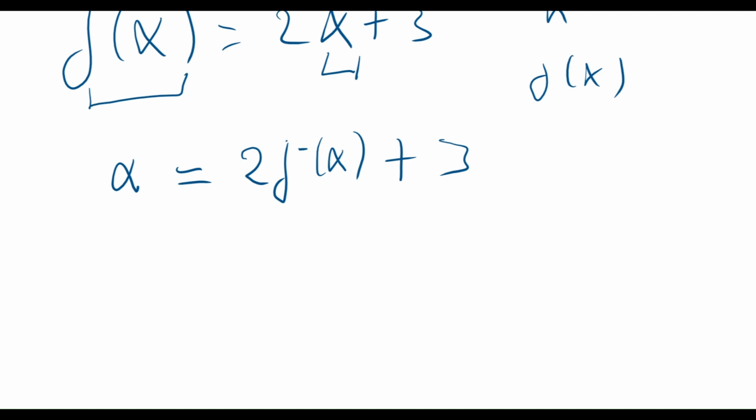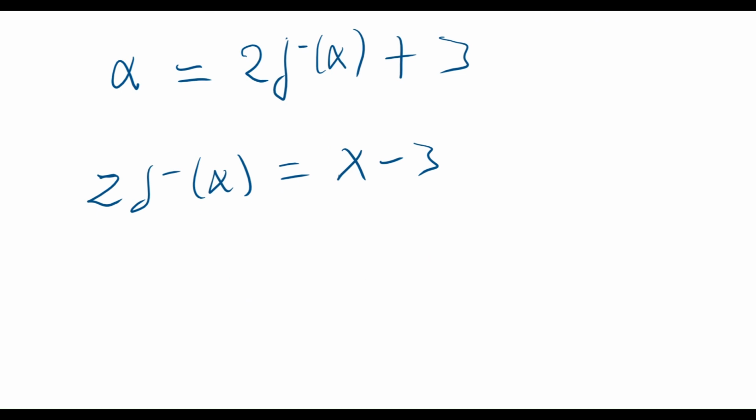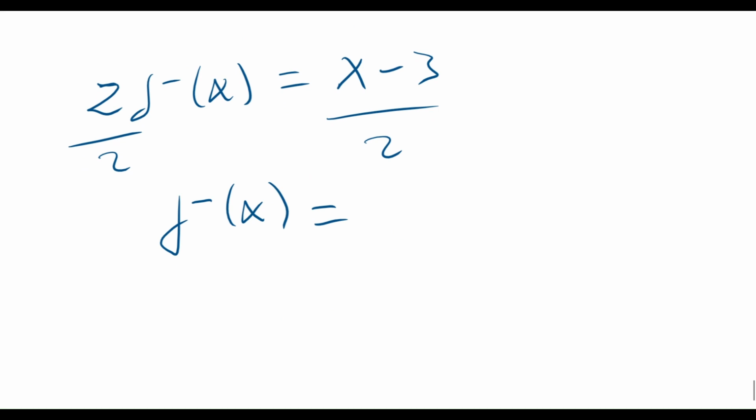We can send the 3 across. We have 2 times the inverse is equal to x minus 3, right? So we can divide by 2 here. So the inverse of this function is going to be x minus 3 over 2.